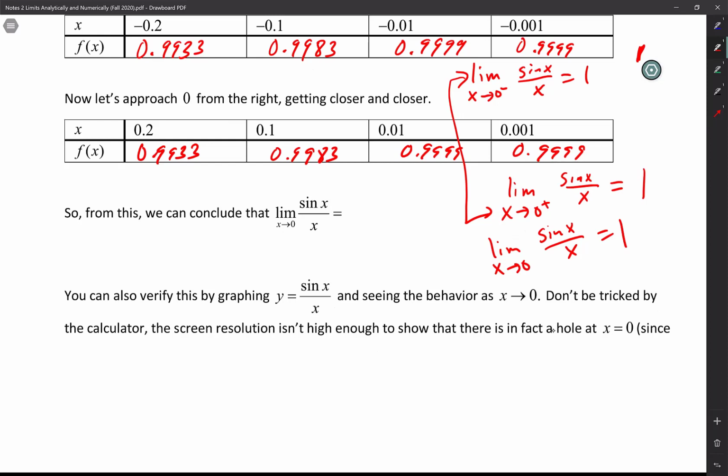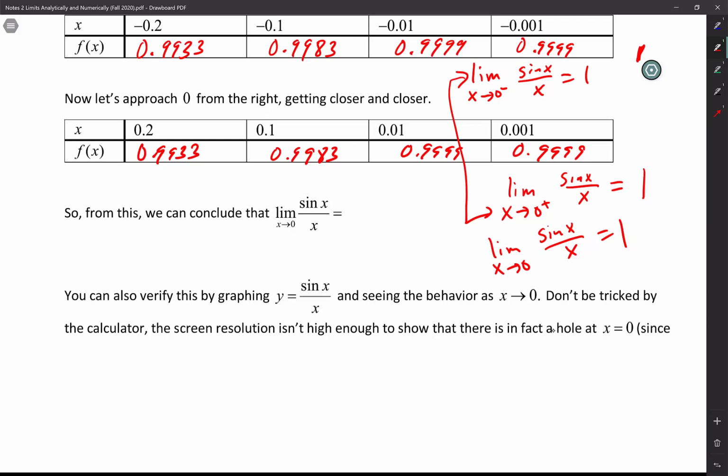Cool or not cool? Is there a way to tell if it's an even function without graphing it? I guess if you know properties of sine x and you know properties of x. If I were to tell you y equals x squared without graphing it, x squared is always even.